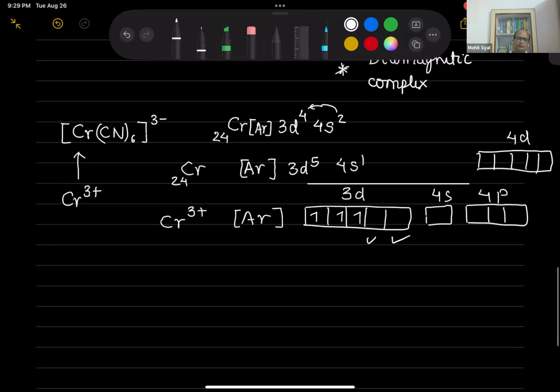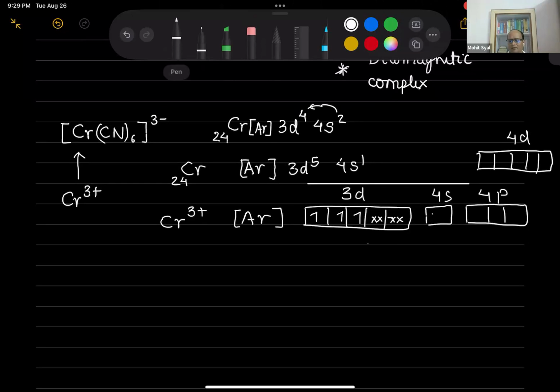Yes, sir. So there is no need to pair them up now. You already have these two empty d orbitals. Even if we pair them up, there is no hybridization called d3sp2. Either you have d2sp3 or sp3d2, that you should keep in mind.